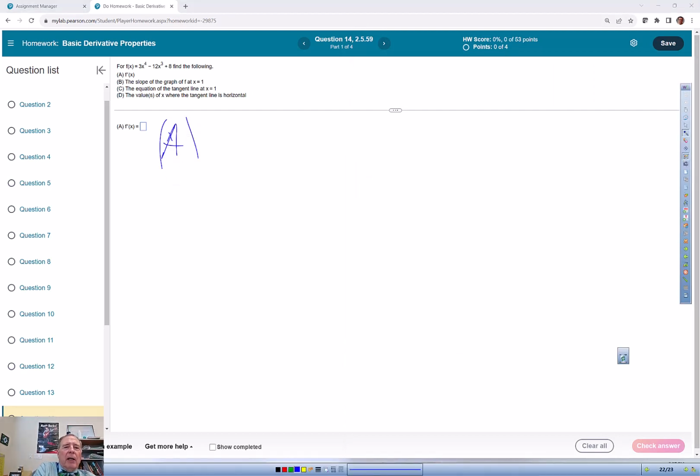So for part A, f prime of x, we're going to use the power rule, the constant multiple rule, and the addition and subtraction rule. 4 times 3 is 12. I'm going to reduce this exponent by 1 to the third power, then minus 36x squared.